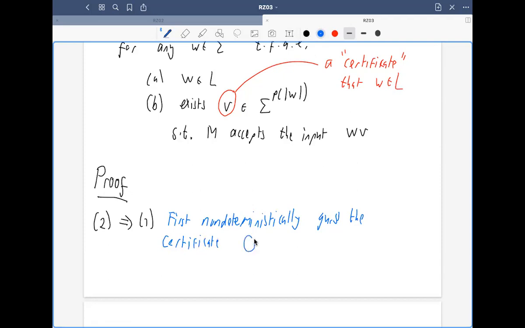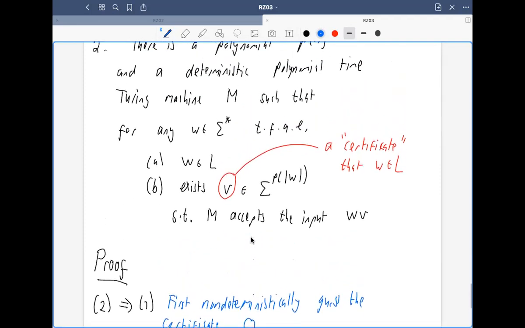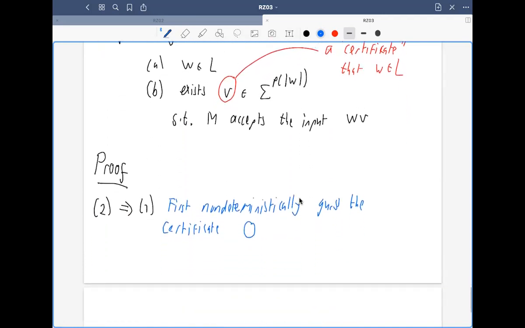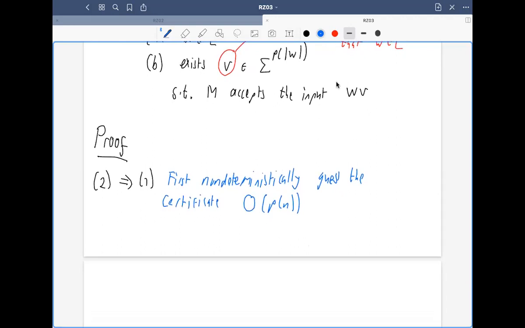And this is the amount of time that takes. The length of the certificate is given by the polynomial p in the length of W. So that's O of p of n, to guess p of the length of W many characters, and then verify.